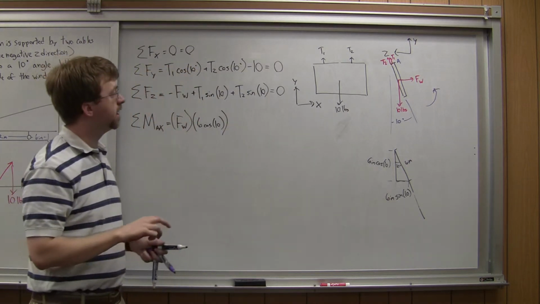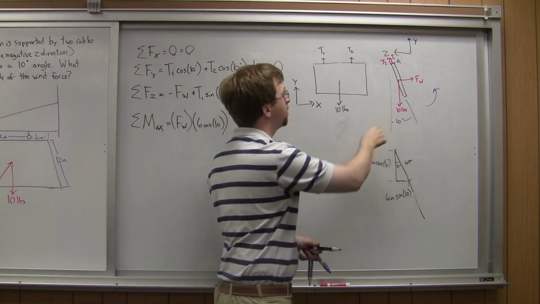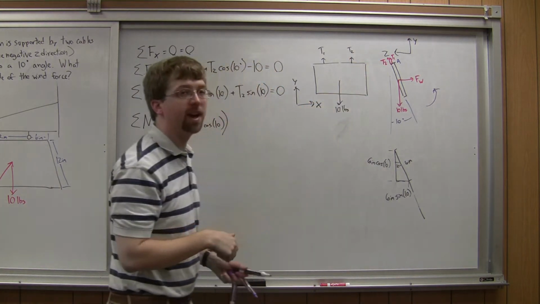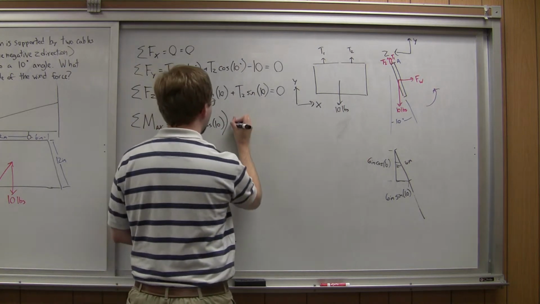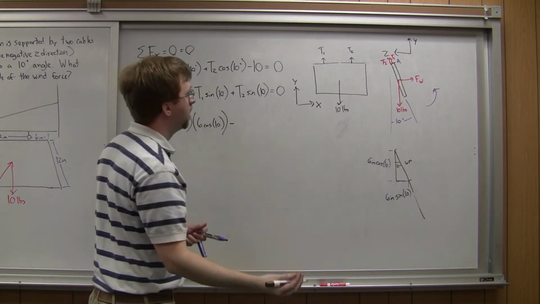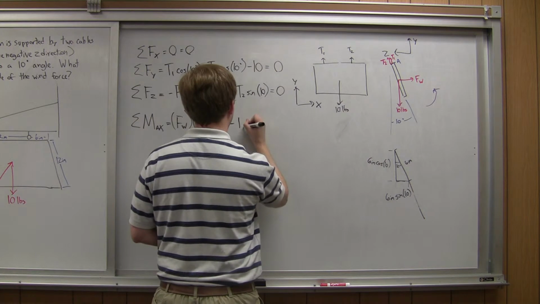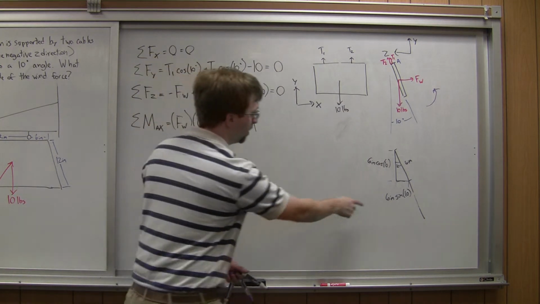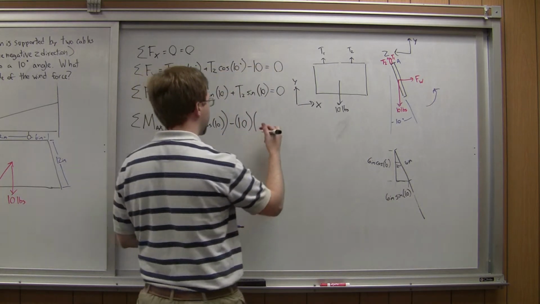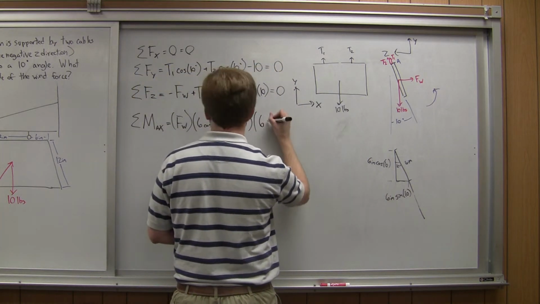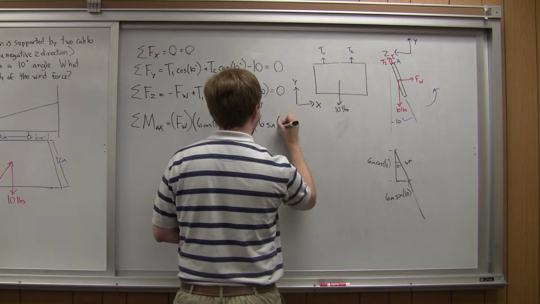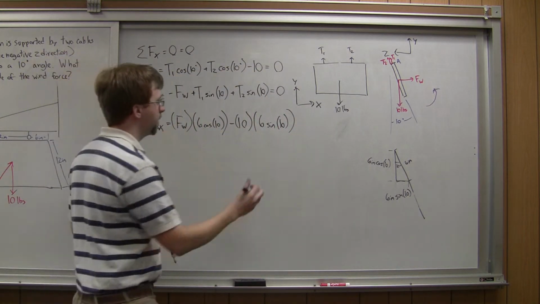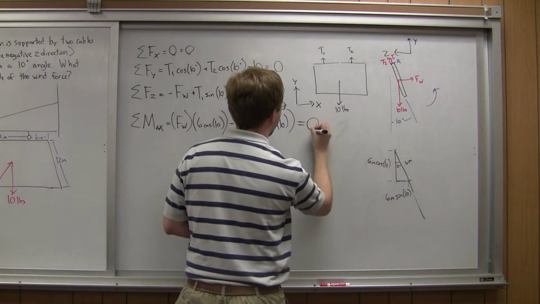All right, and I've got a negative moment, so this 10-pound weight force is causing a rotation in this direction. This is the negative x direction. So minus 10 pounds is the magnitude of the force, times the distance, which is this 6 inches times the sine of 10 degrees. So 6 sine of 10. And that whole thing is going to be equal to 0.